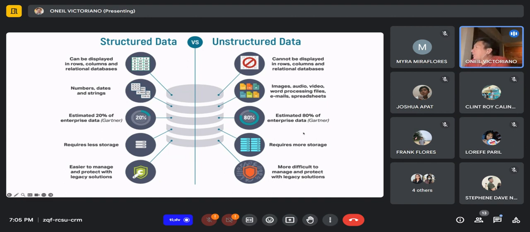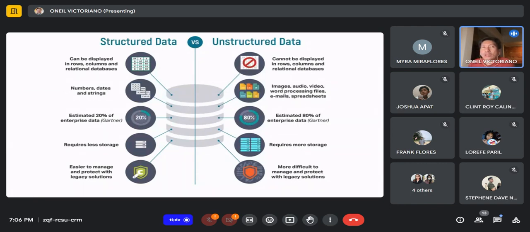We say that it's 80% of the enterprise data because it consumes a lot of space. So video data is quite big in terms of the file size, and it's more difficult to manage and to protect with legacy solutions or legacy processes.